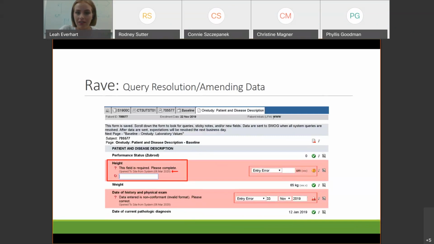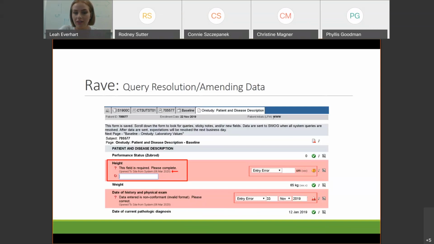Okay, so now we're going to discuss queries. A system query is automatically generated by RAVE for edit check violations and nonconformant data, which is data that does not fit the field type, such as letters that have been typed into a number field. And on the left-hand side of the screen is an example of a system query that fired because the height field was left blank.